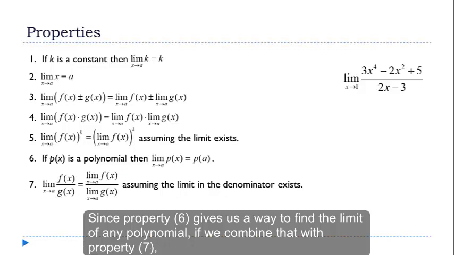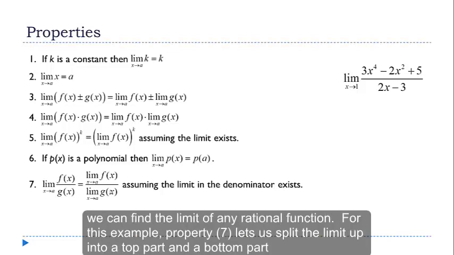Okay, well, since property 6 gives us a way to find the limit of any polynomial, if we combine that with property 7, we can find the limit of any rational function. For this example, property 7 lets us split the limit up into a top part and bottom part.